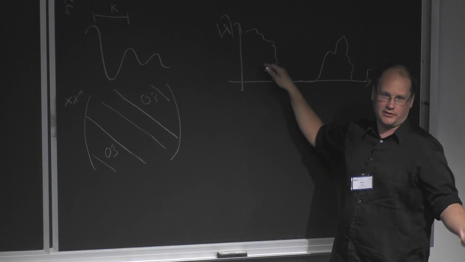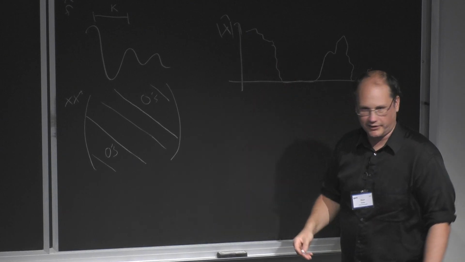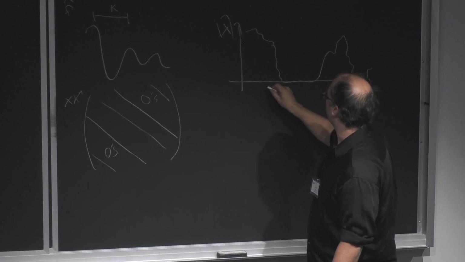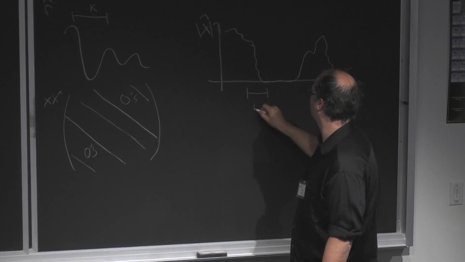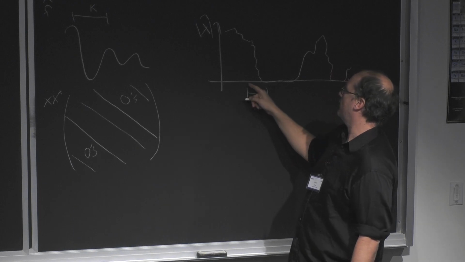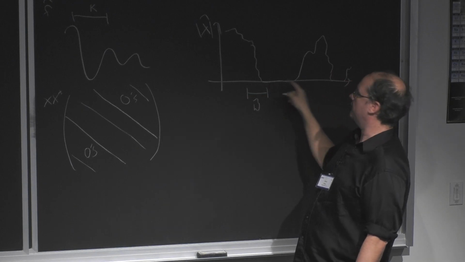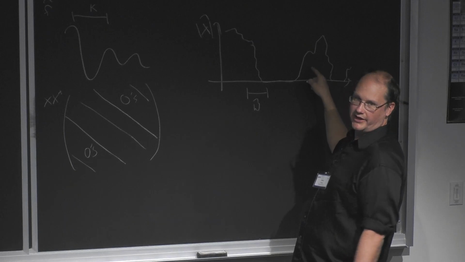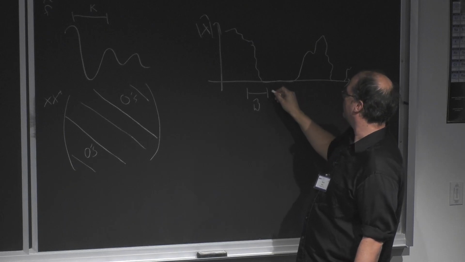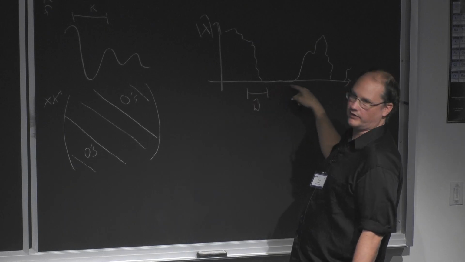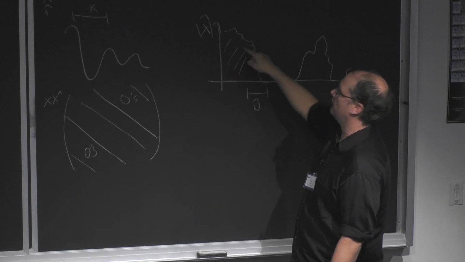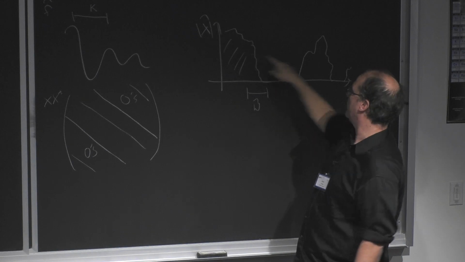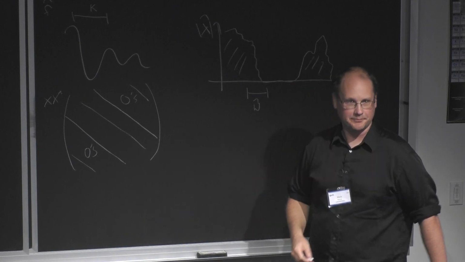There's nothing stopping a function from having a Fourier transform that looks like this, right? The problem is if my window has compact support and I'm effectively shifting this window and hoping to get information relating this side to this side, I'm going to have trouble because the support of my window is less than this band of zeros. So there's no way I will ever get any phase information from this side mixing with phase information from this side.